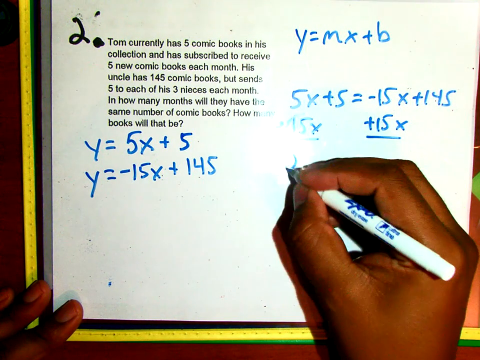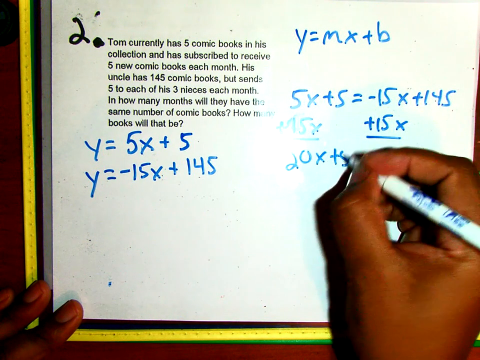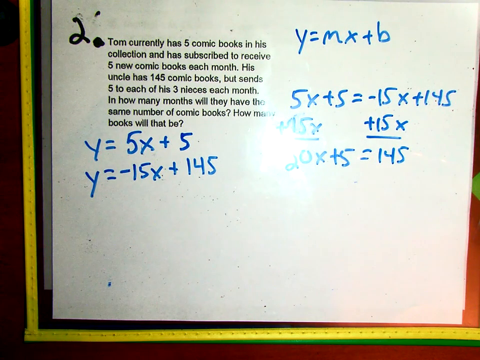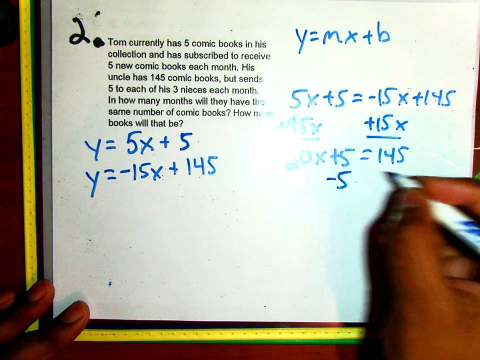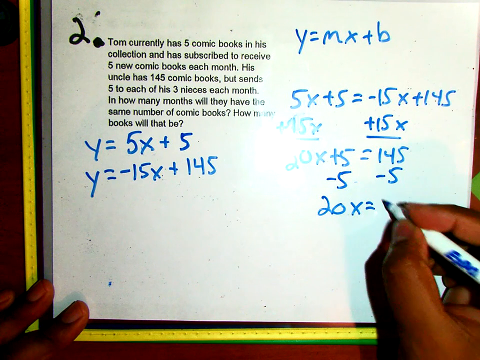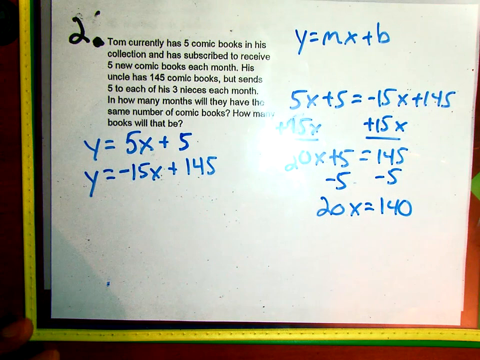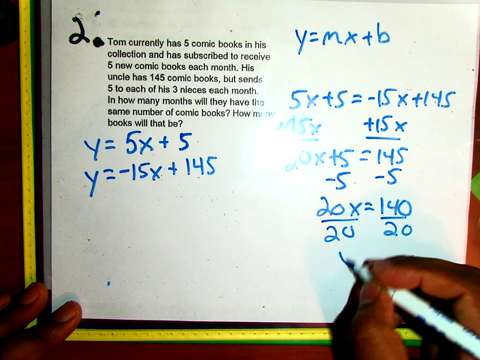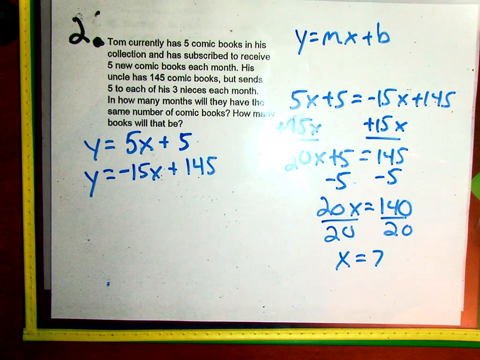That's going to give me 20x plus 5 is equal to 145. And then I'm going to go ahead and subtract 5 on both sides. I get 20x is equal to 140. And then I'm going to divide by 20. And x is equal to 7.